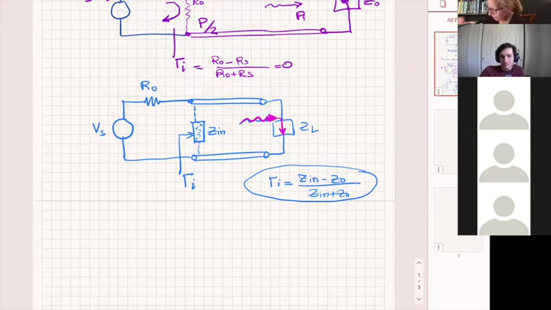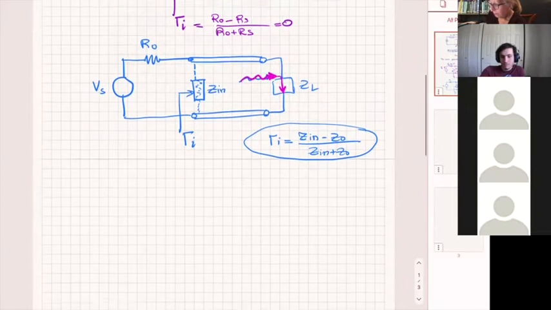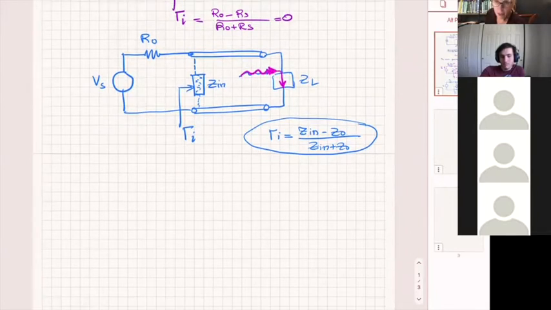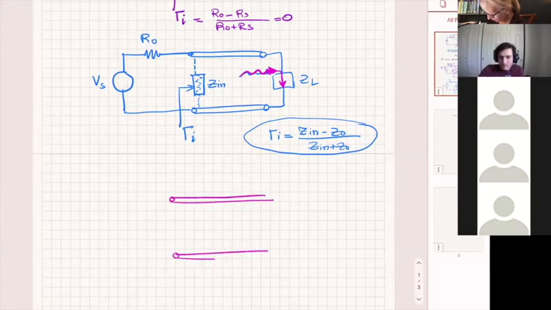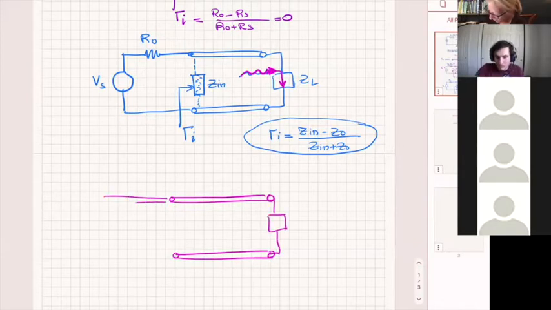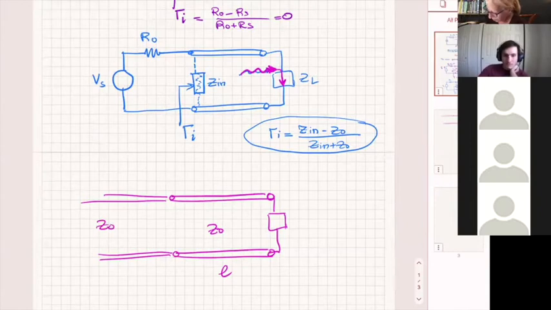Exactly. Because you remember what we said about transmission lines. If you have a transmission line and it's terminated, and here it's your input port. Let's assume that this line is Z naught, has a length L, and this is also Z naught.